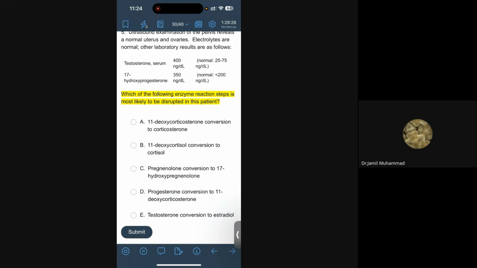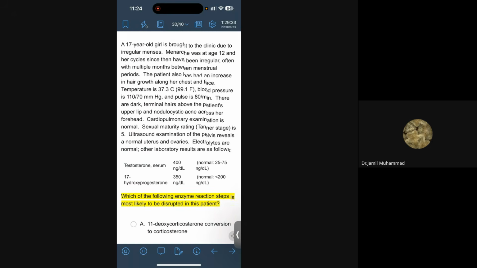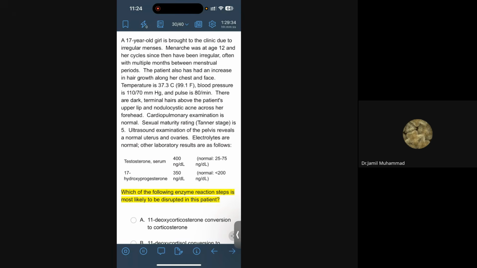So by reading the last line you will get to solve the question much faster, and you do not need to read the question again and again.